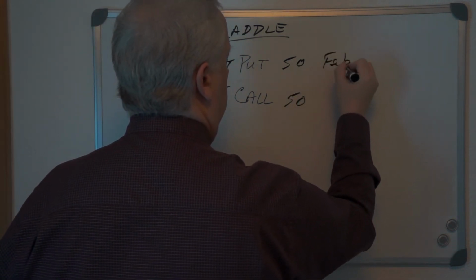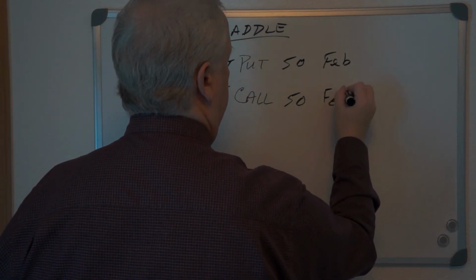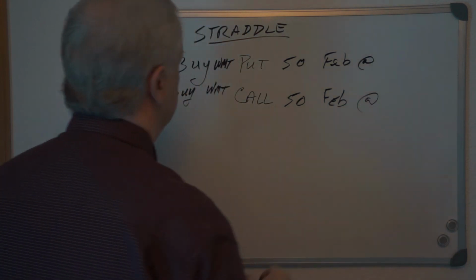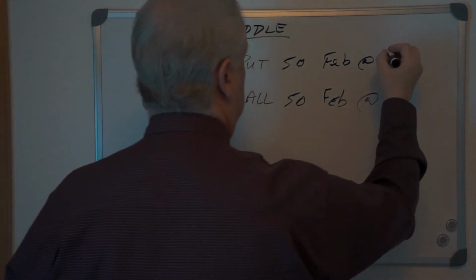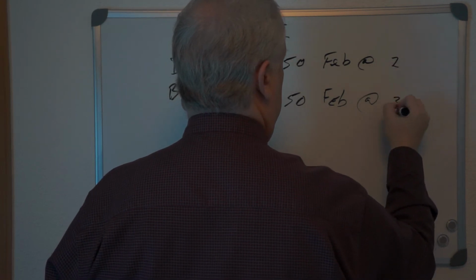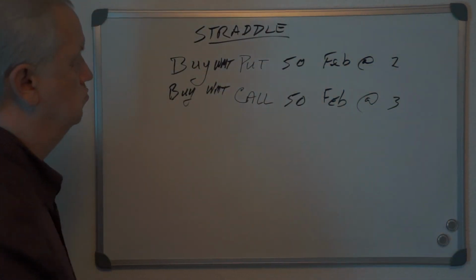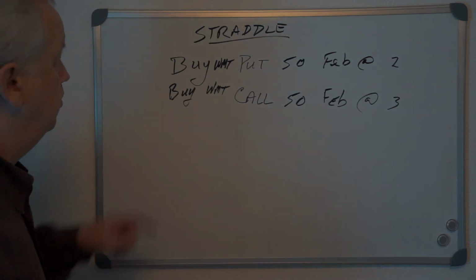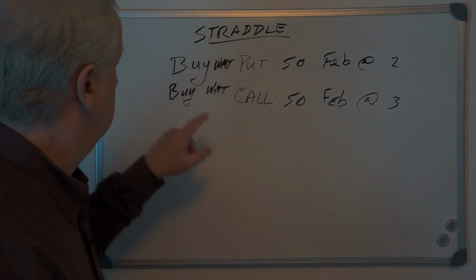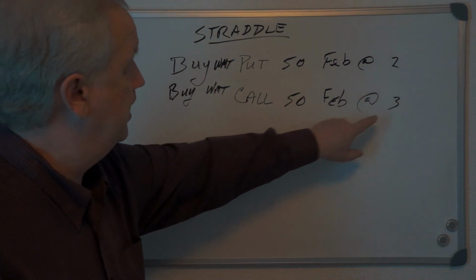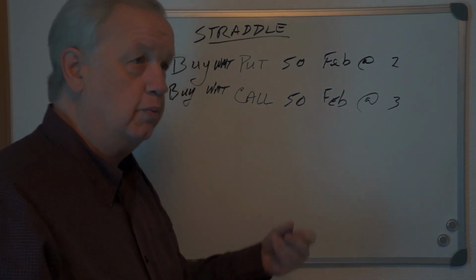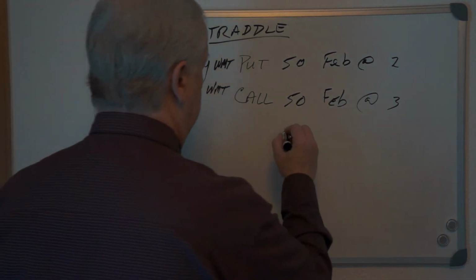February. Okay? So, this put, I'm going to buy it. It's going to cost me $200. This call, I'm going to buy it and it's going to cost me $3. So my break even is going to be $5 either way. So here's the way it's going to look.